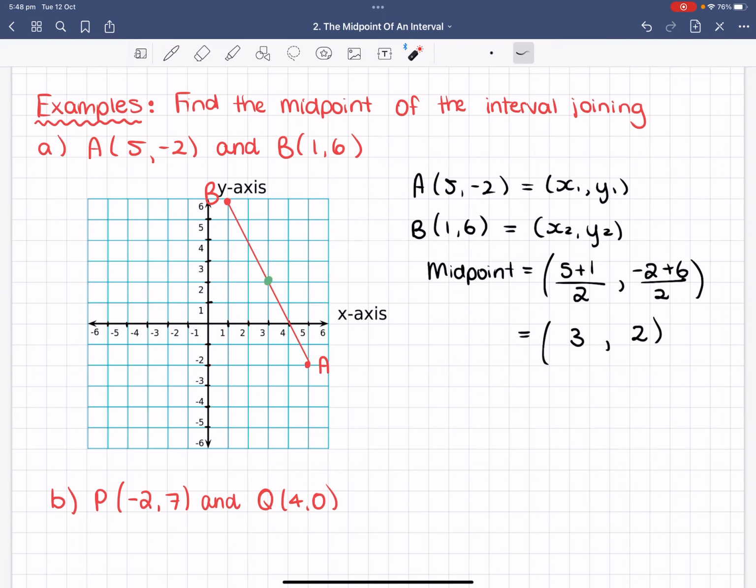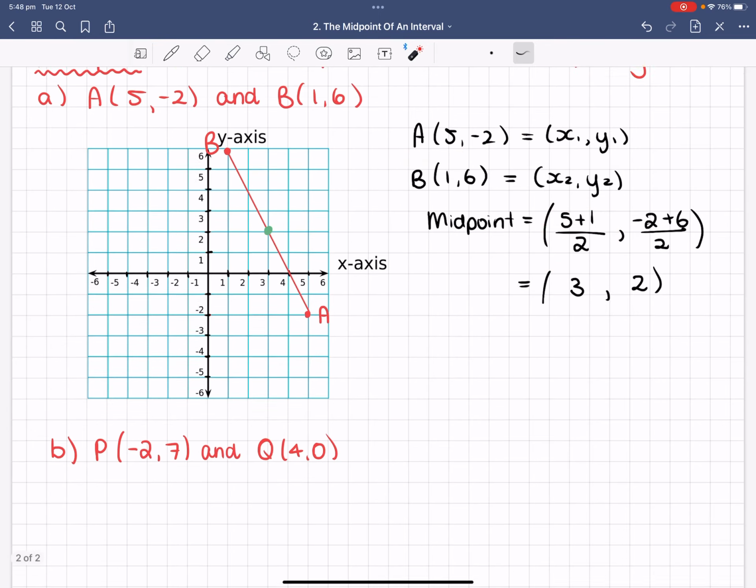It's actually that point there. So our midpoint is the coordinates (3, 2). Again, it doesn't matter which you do first for this one. You can do either. If you called this x1 instead and that one x2, it really doesn't matter. You're just adding them and dividing by 2.